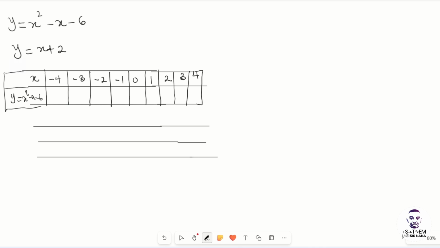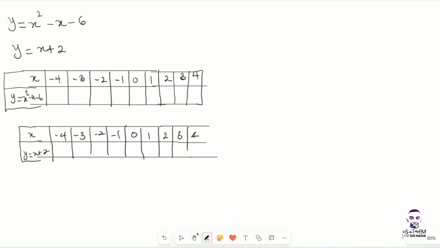And then we also have the table where we have our x, and in this case, our y is equal to x plus 2. So we use the same interval: -4, -3, -2, -1, 0, 1, 2, 3, and 4.